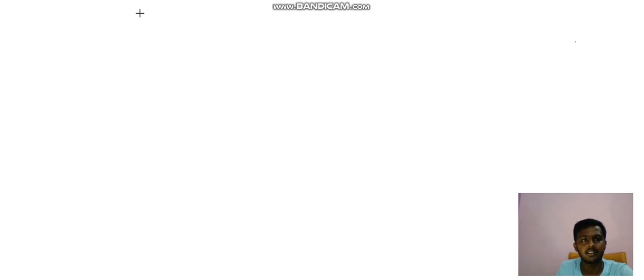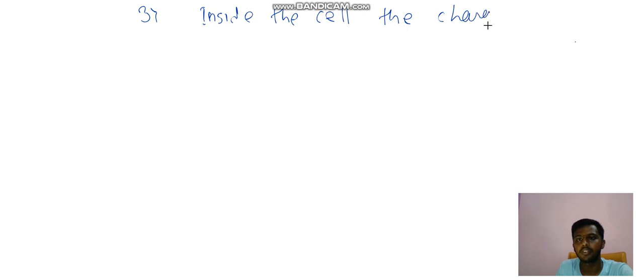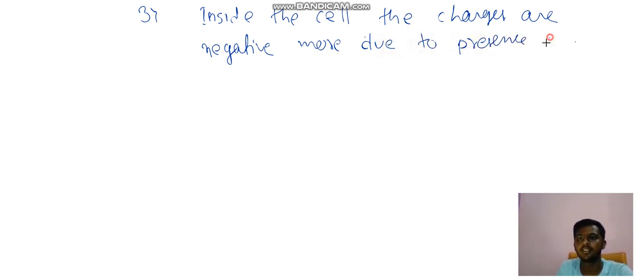Now last and third, inside the cell the charges are more negative due to presence of protein mostly.